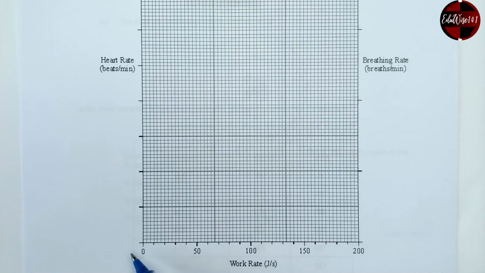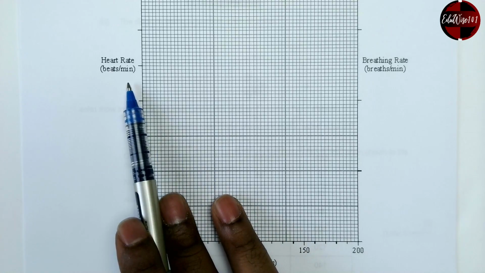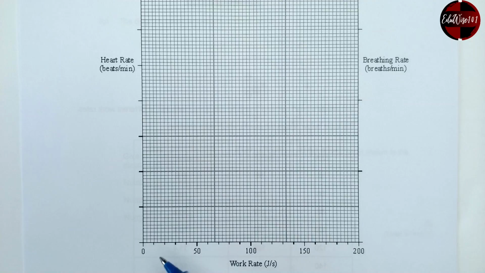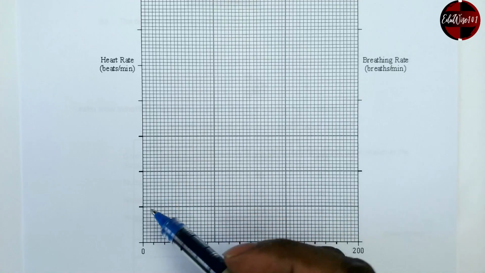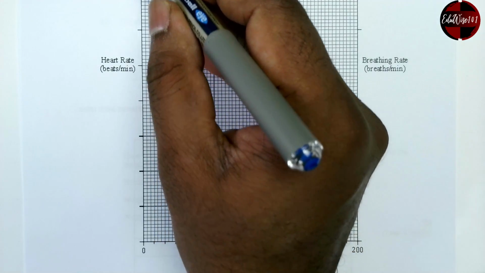The first thing you need to do is do the scales. The work rate goes from 0 to 200. If you look in the table, from the highest is 200. The heart rate, which should be on the y-axis, goes to a maximum of 175. So I've got 1, 2, 3, 4, 5, 6, 7, 8, 9, 10.